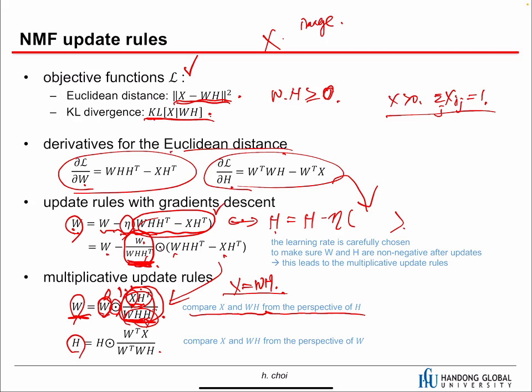So an image is positive, so we can apply NMF. And when we have a sound signal, we can apply a spectrogram, and then it's positive, so we can apply NMF. But when we have negative values in the data set, then we cannot apply NMF. We have to do something to make it positive, and then we can apply NMF.